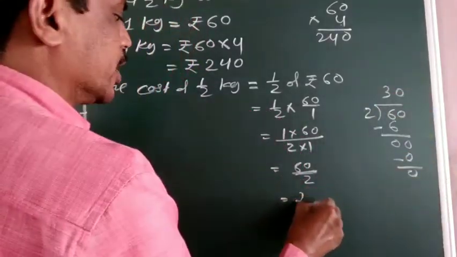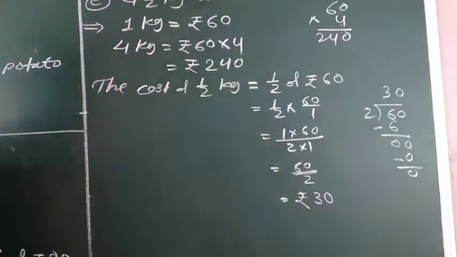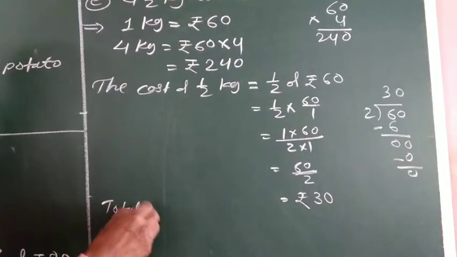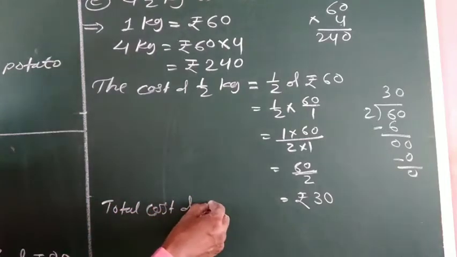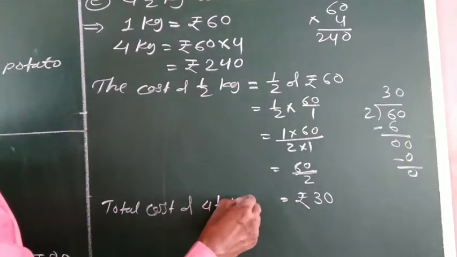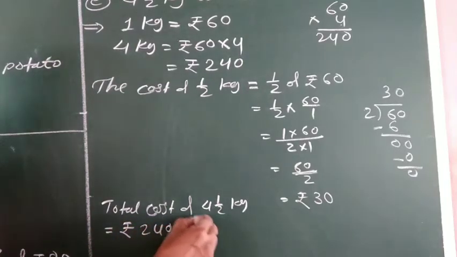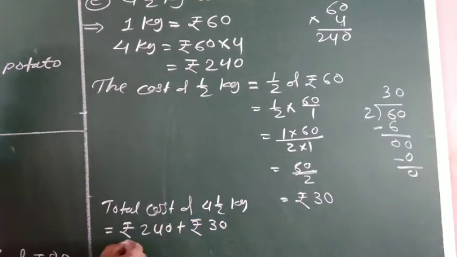So it is rupees 30. Then see, total cost of 4.5 kg is equal to rupees 240 plus rupees 30 is equal to rupees 270.